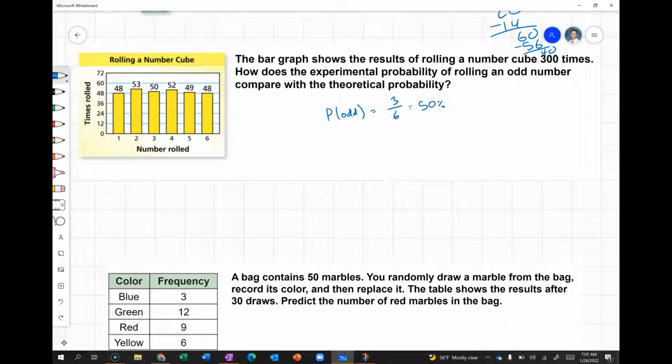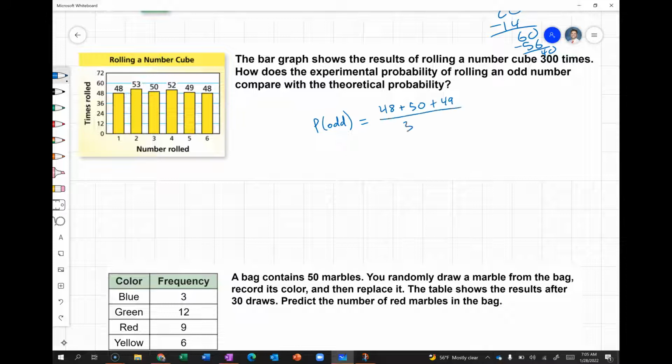And now we want to compare that to our experimental probability. What has actually happened during these 300 rolls? We can see again, the probability of an odd will be equal to all of our favorable outcomes. So we've rolled a 1 48 times, a 3 50 times, and a 5 49 times.